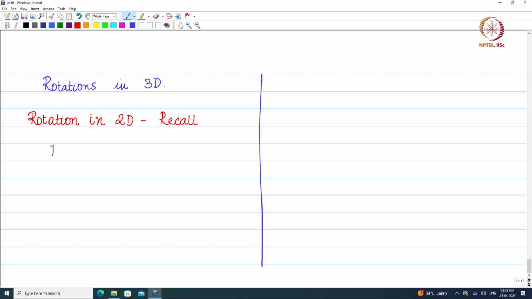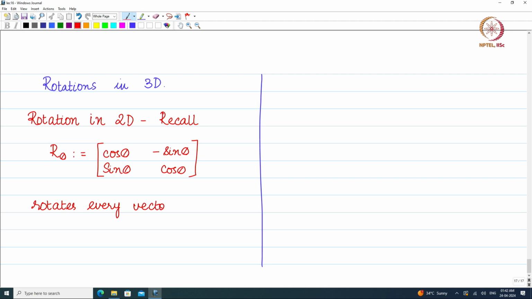We said that the matrix R theta, which is given by cos theta, sin theta, minus sin theta, cos theta, rotates every vector by an angle theta in the counterclockwise direction.